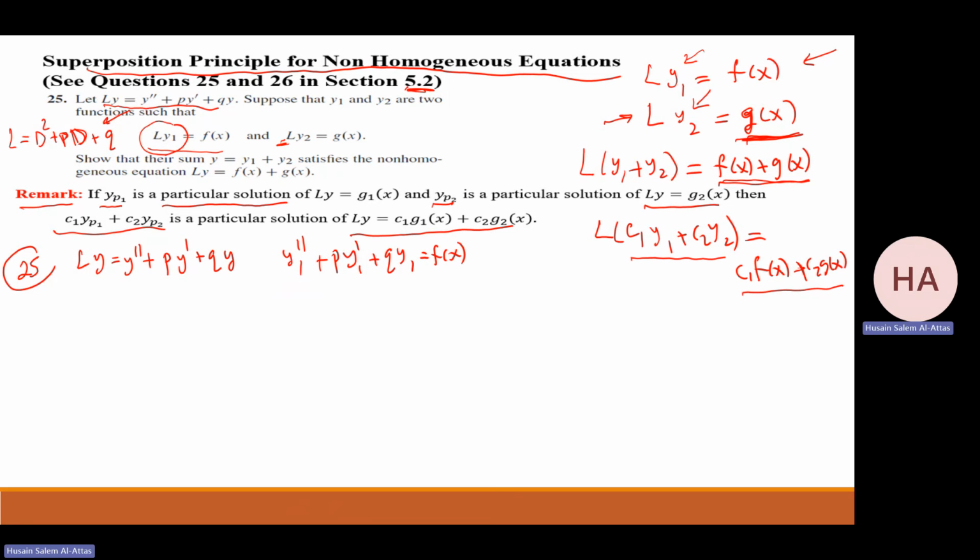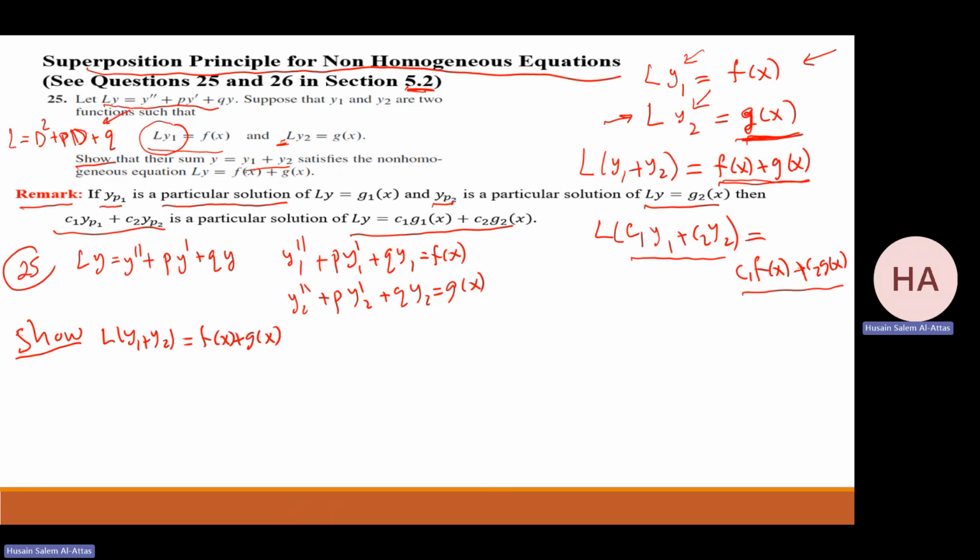If I apply L on y2, so I have y2 double prime plus p y2 prime plus q y2, I'm getting g. He said, show that if I apply L on y, which is the sum of these two solutions, y1 and y2, I should get the right-hand side f plus g. So I need to show that L of y1 plus y2 should give me f of x plus g of x.